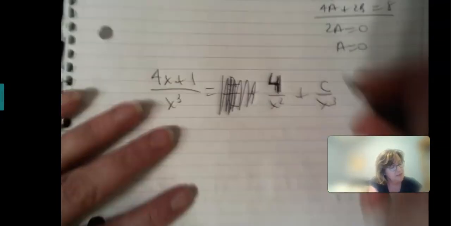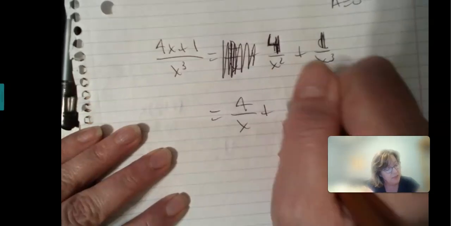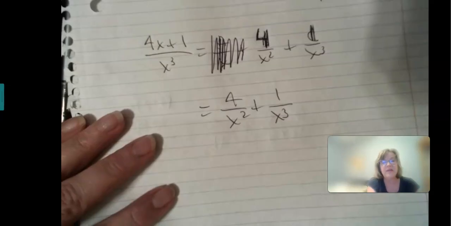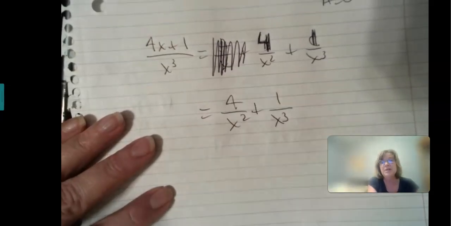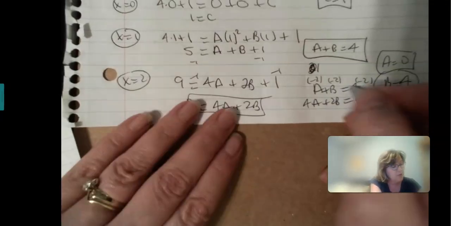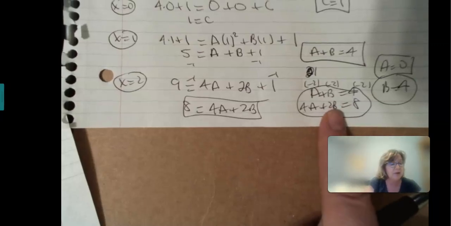And then c is 1. So really, it's just 4 over x squared plus 1 over x cubed. And we didn't even have the other part. Okay, but we didn't know until we solved. And you could use Desmos right here. You could make a matrix on Desmos and solve that with the Desmos matrix if you wanted to. Okay, that would be an option for that one.